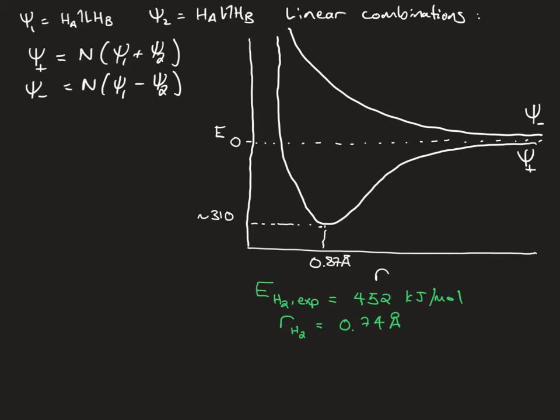So this psi plus that we've plotted is bringing two anti-parallel spins together. What we've done is we've plotted the covalent part of this valence bond wave function.